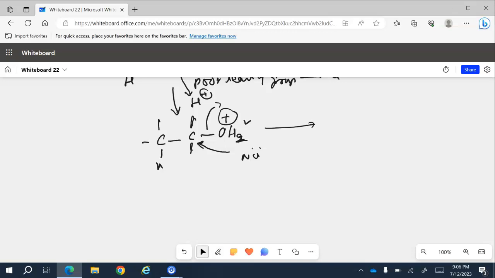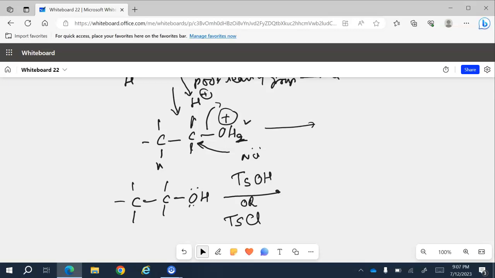So in this case, the alcohol OH, we react with either TsOH, para-toluene sulfonic acid, or we can also use TsCl, or para-toluene sulfonyl chloride.